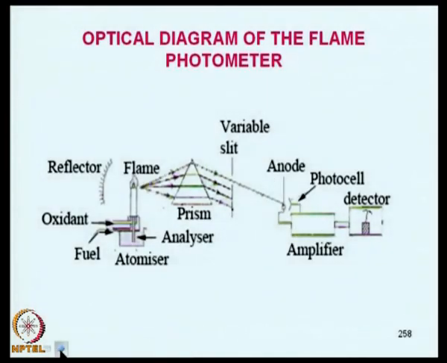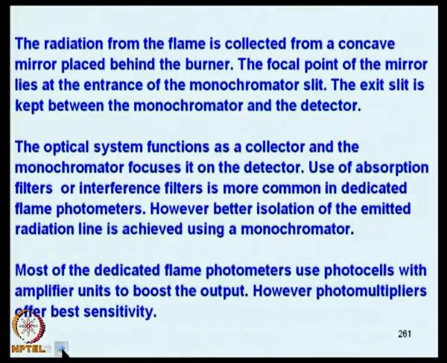So, the optical system itself functions as a collector of the radiation, and the monochromator, what does it do? It just focuses it on the detector. Use of absorption filters or interference filters is also more common in dedicated flame instruments, but not in atomic absorption, because most of the optical components in atomic absorption are prisms and gratings, whereas interference filters are cheaper.